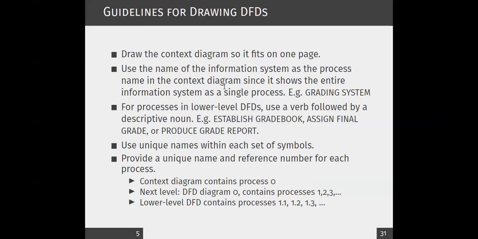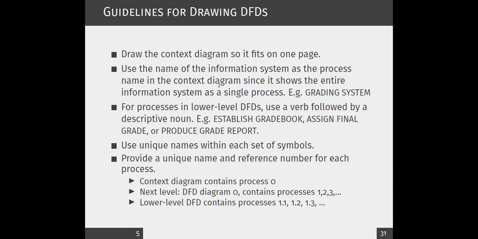Those can be other systems or other entities. Then we use arrows to show the data flow, and we can also mark what data flows between them.